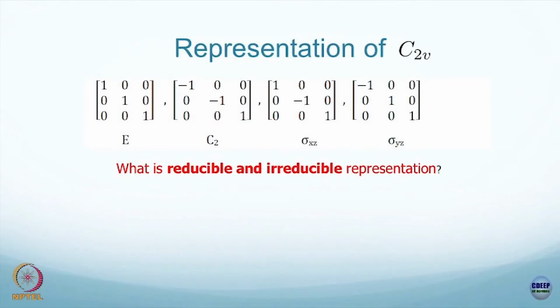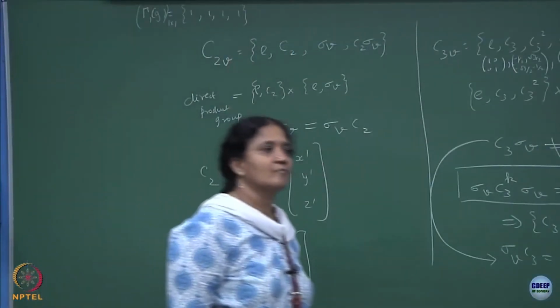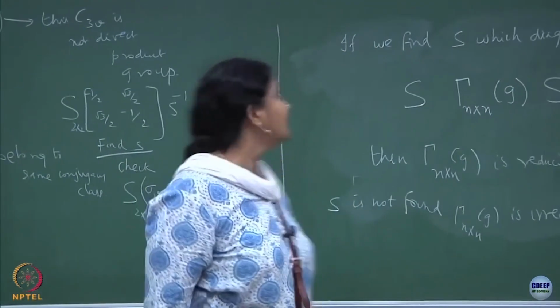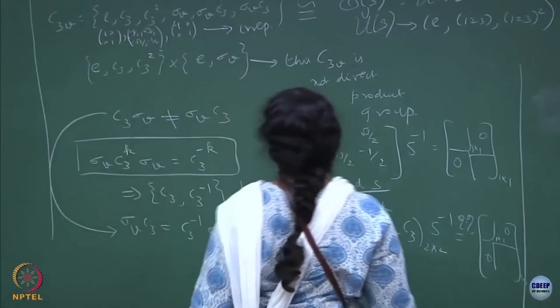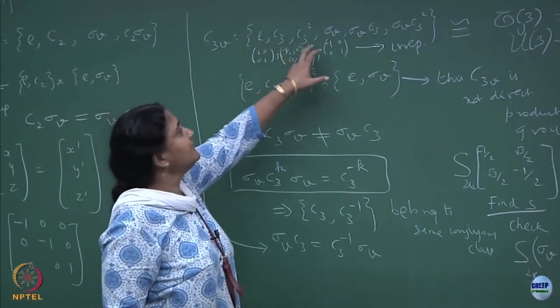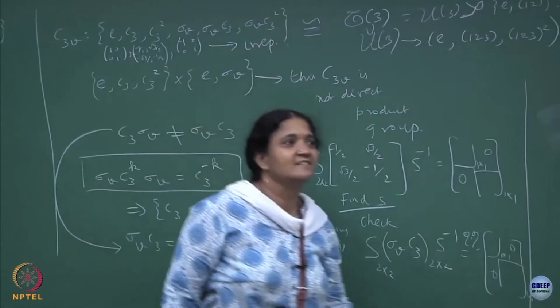Okay. So, let me write that here. It is a 1 cross 1 matrix. Okay. So, this is a 1 cross 1 matrix with the elements which is 1, 1, 1 and 1. That will trivially satisfy any group actually. Okay. In fact, here for the C3V, you can still take it on the z axis, E, C3, C3 squared, sigma V, C3 sigma V, C3 squared, you can apply it on the z axis.